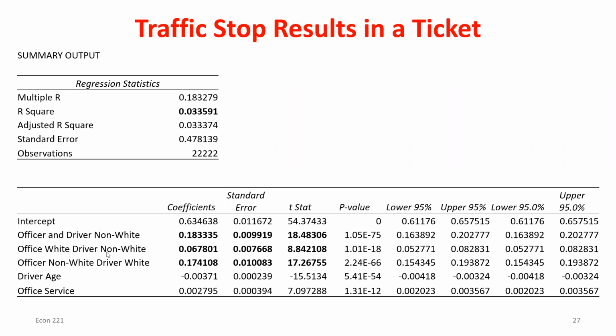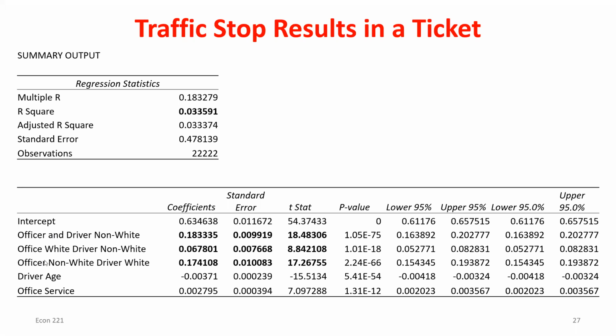That non-white driver is still 6-7% more likely to get a ticket, but not that 18% change. So this might be evidence that there is some discrimination going on from white officers to non-white drivers, but it also looks like non-white officers are also discriminating against non-white drivers.